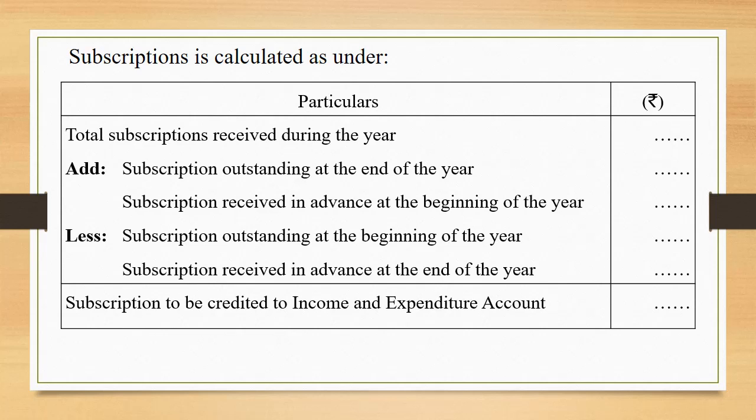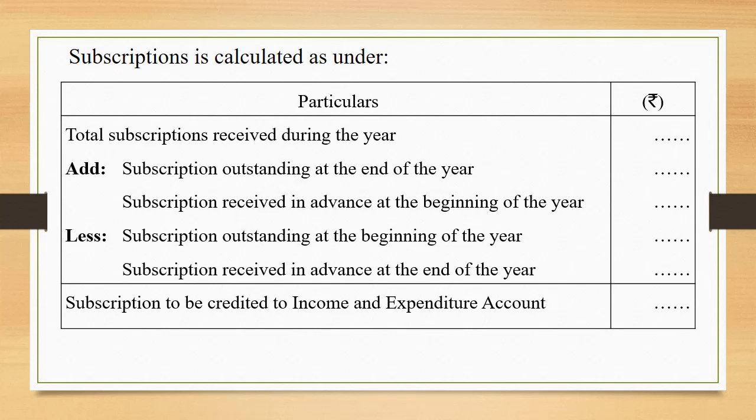Whereas we need to deduct subscriptions outstanding at the beginning of the year and subscriptions received in advance at the end of the year. After the addition and deduction of these items, we finally get the amount of subscriptions which we need to credit to income and expenditure account.